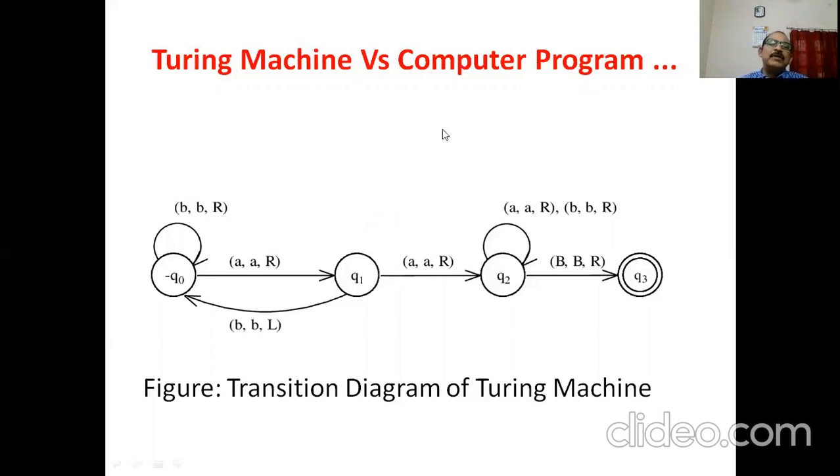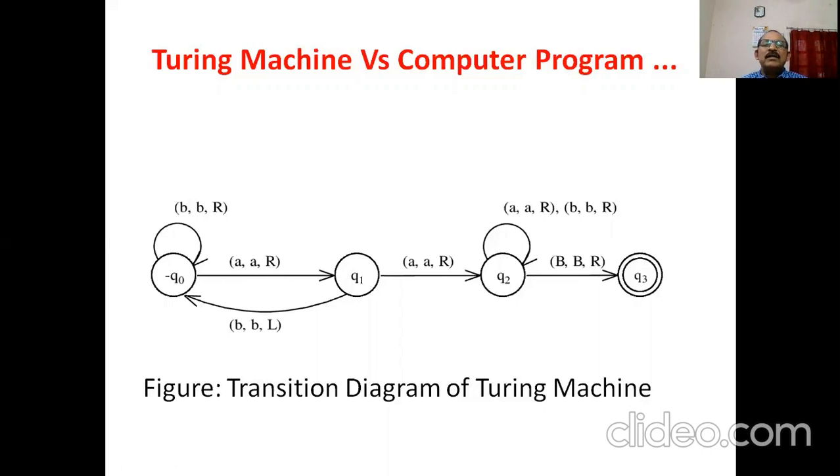Now, what will happen? You know, the machine always starts from the initial state. And what is the initial state? Q0. And what is the first symbol it reads? A. The machine in state Q0, if it reads A, goes to state Q1, replaces A by A and moves in the right direction.